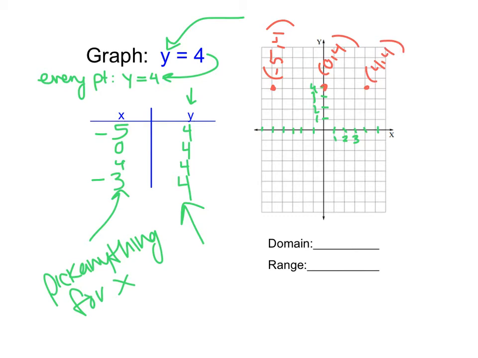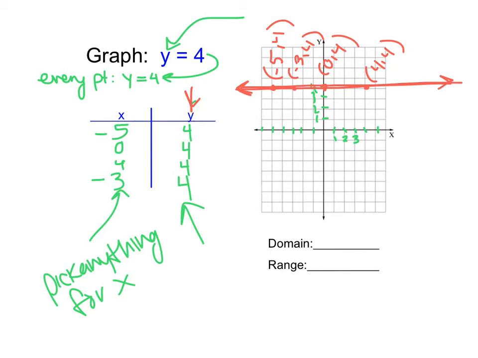And then I have the point negative 3, comma 4. And hopefully what you're starting to see is when you have all your y values equal to 4 and your x values not having any restrictions, as you plot all of those points, they begin to form a line horizontally. So we have a horizontal line here where all of the points have a y value equal to 4.